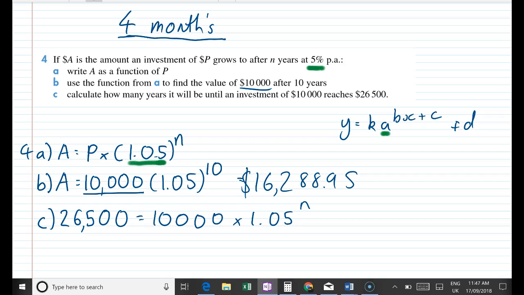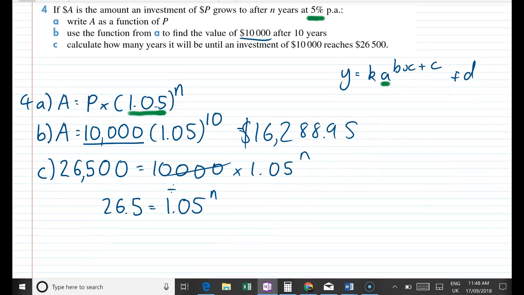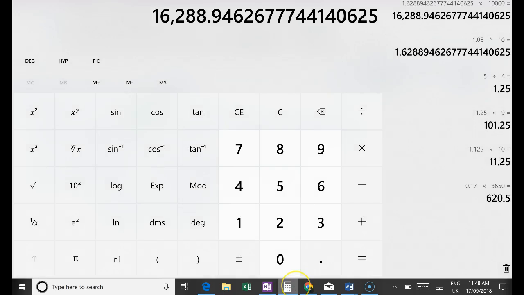When I divide both sides by 10,000, that cancels, and I'm left with 2.65 equals 1.05 to the n. Actually, this is going to take a lot to do without logs, but we'll give it a go.